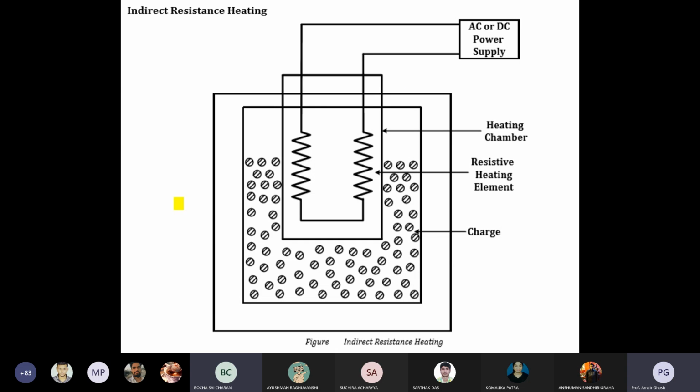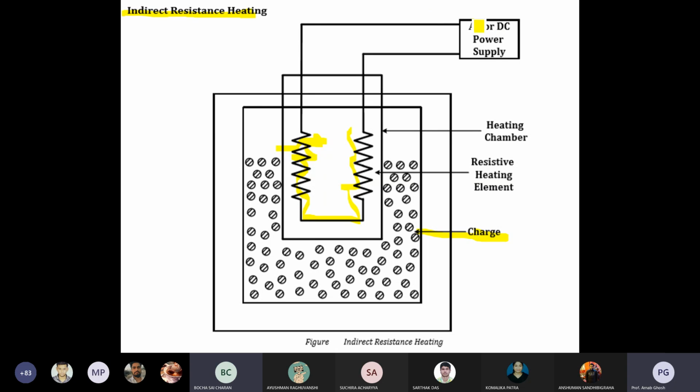Now, indirect resistance heating. In the case of indirect resistance heating, you can see that there is no direct connection. Resistive heating elements are given, not electrodes, and they are not placed directly inside the charge.